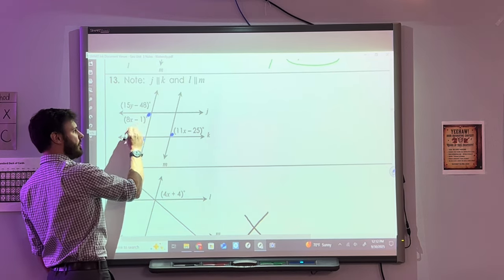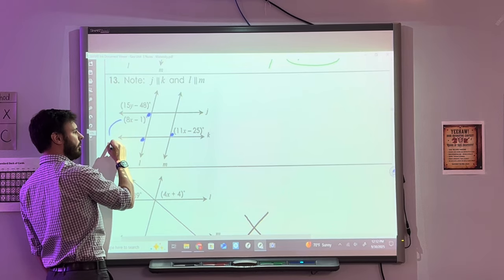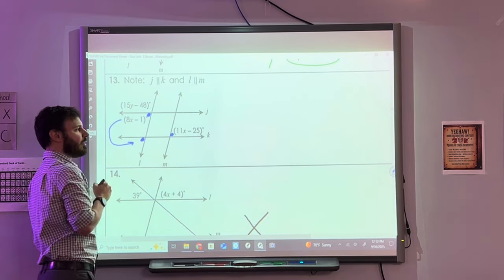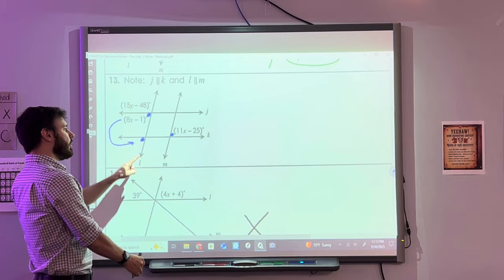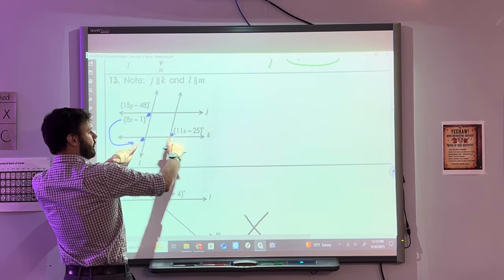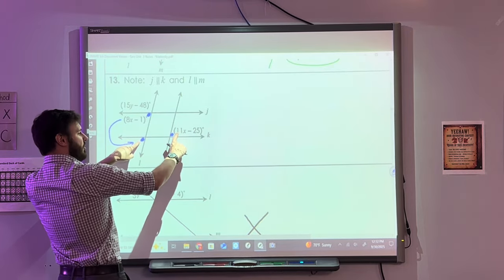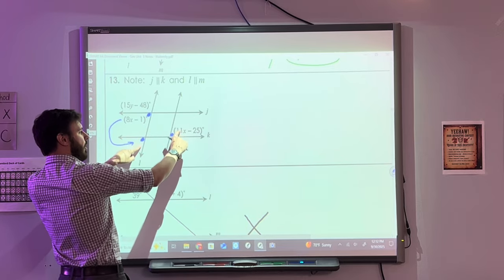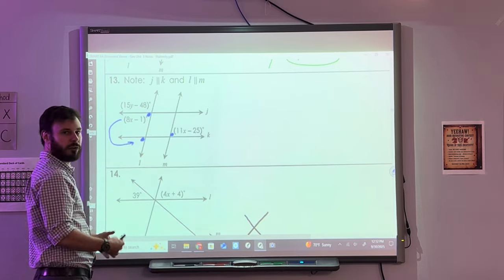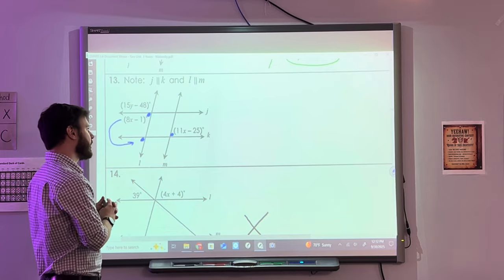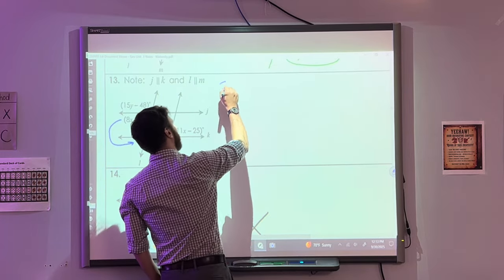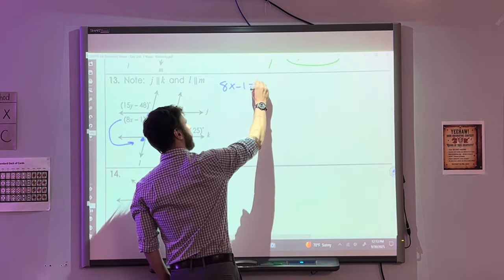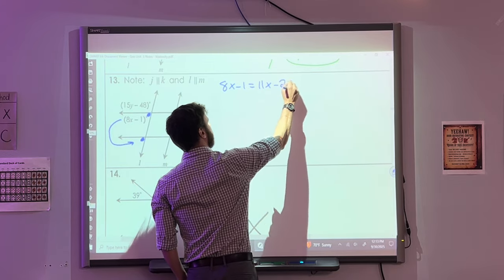I can just take this 8x minus 1 and move it down there. Now, these lines have a transversal. And how does this relate to that one? Well, they're both on the outside, and they're both on opposite sides. So I have alternate exterior. These are going to be congruent to each other. 8x minus 1 equals 11x minus 25.